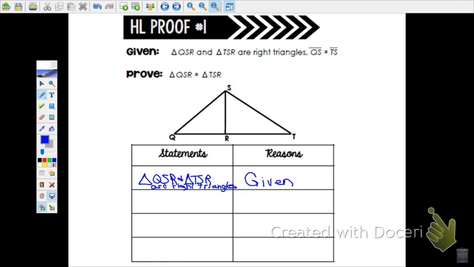If those are right triangles, that means I have right angles. My second given is that segment QS is congruent to segment TS.